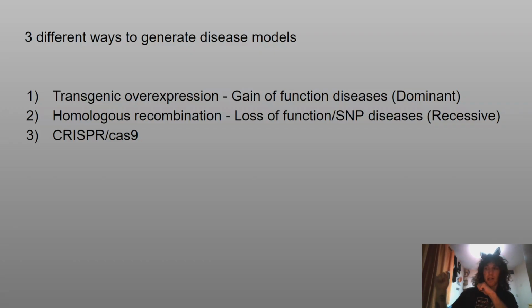So one copy produces enough of that allele's product for normal function. But in this case, it's haploinsufficient, and so only having one copy of the allele is not enough for normal function. And then we'll see CRISPR-Cas9, which is bombshell.